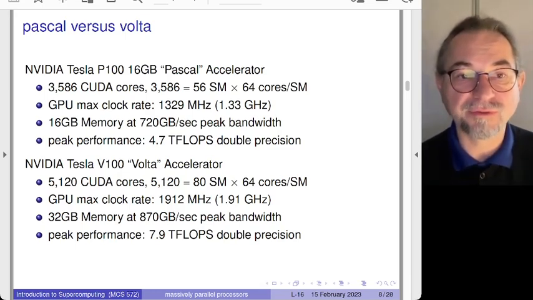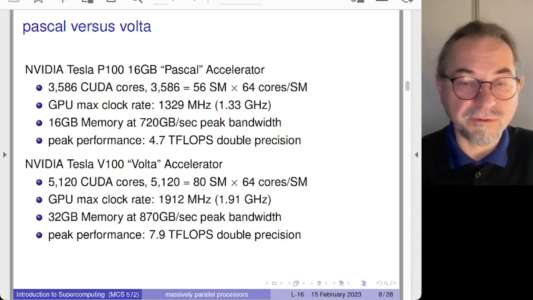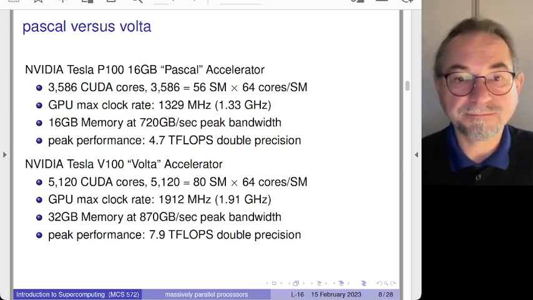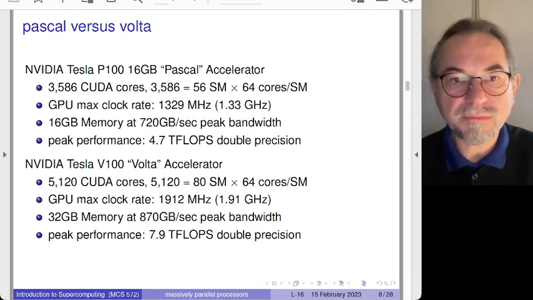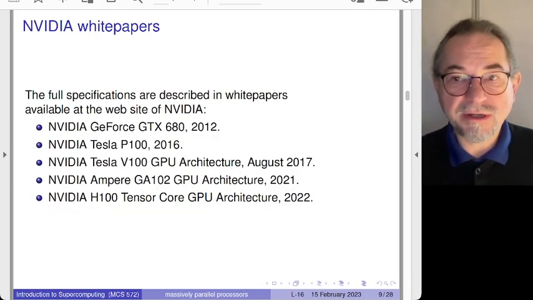You see that there is also benefit from Volta over Pascal. So the peak bandwidth actually went up, almost to the terabyte per second peak bandwidth. Okay, so where do you find documentation? There's a lot of free reading that can be done.